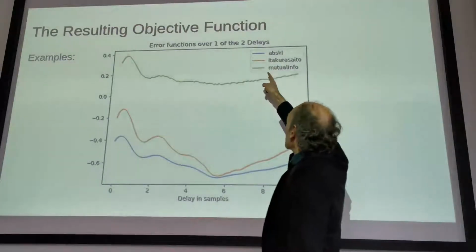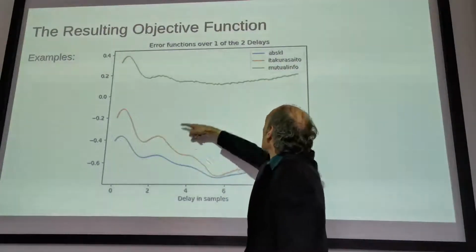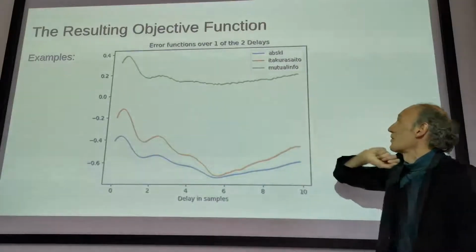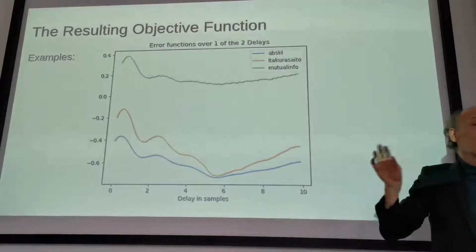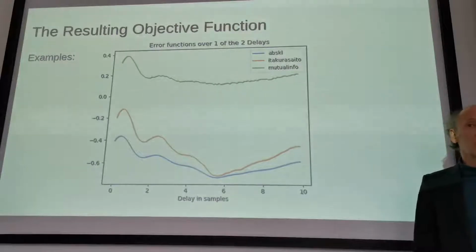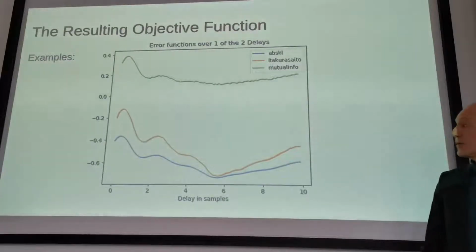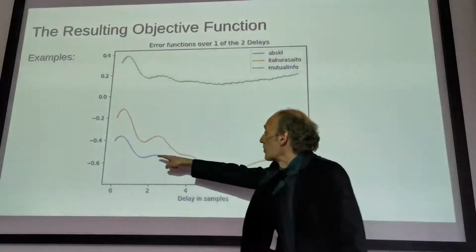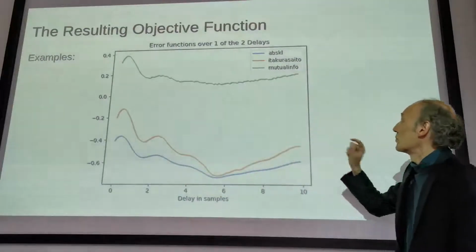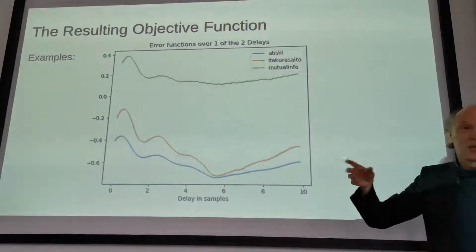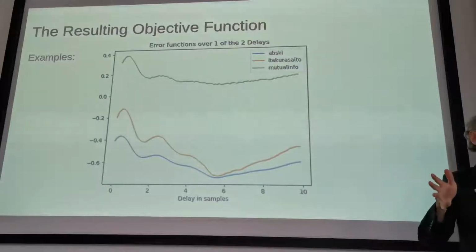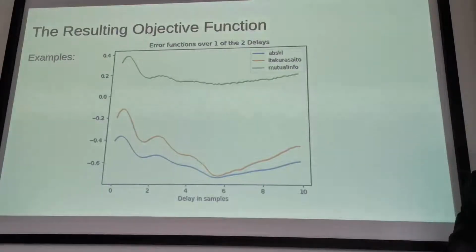And here's the resulting mutual information. Here in orange is the so-called Itakura-Saito, which is again something similar to KL divergence, but often is used for speech signals. And then here in blue we have the magnitude of the KL divergence. Or APS means we take the magnitude of the signal as PDF.